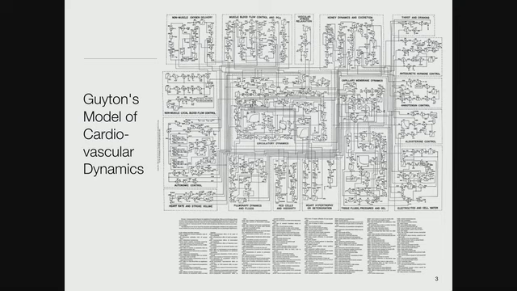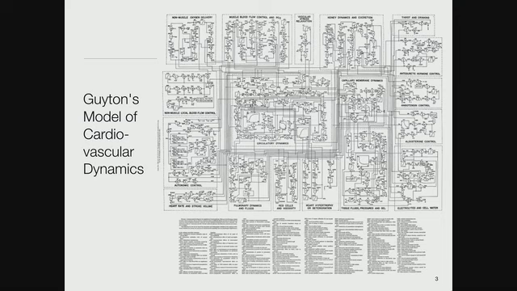And it has various control inputs that determine things like how your hormone levels change various aspects of the cardiovascular system, and how the interactions between different components of the cardiovascular system affect each other.